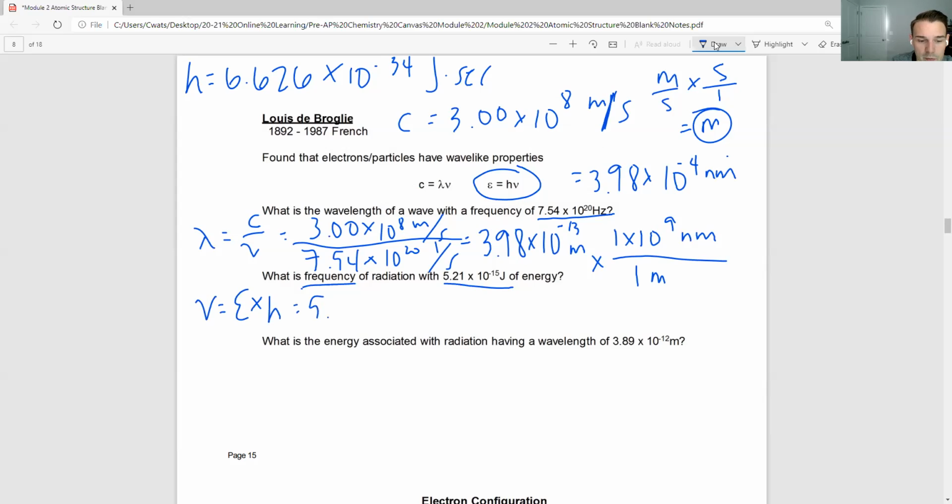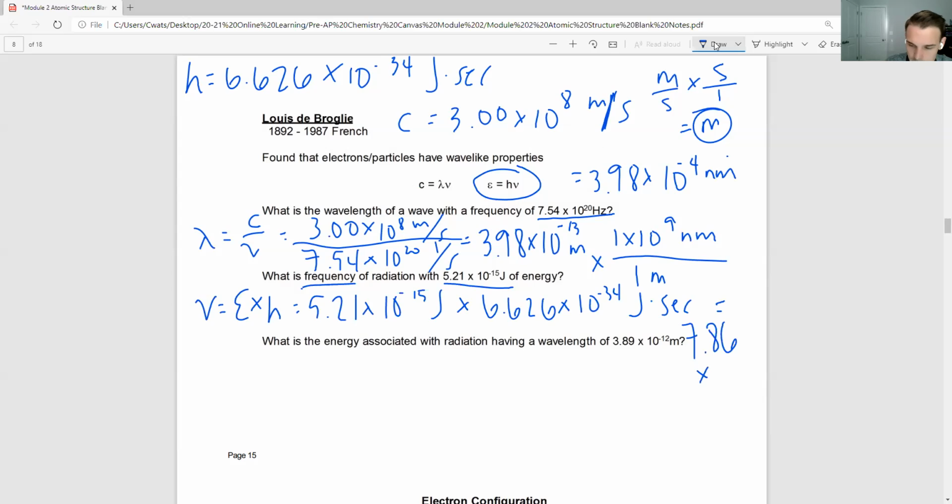So that's going to be 5.21 times 10 to the negative 15th joules divided by 6.626 times 10 to the negative 34th joules times seconds. And then my answer, 7.86 times 10 to the 18th. And you can write hertz, you can write 1 over seconds, you can write whatever you want.